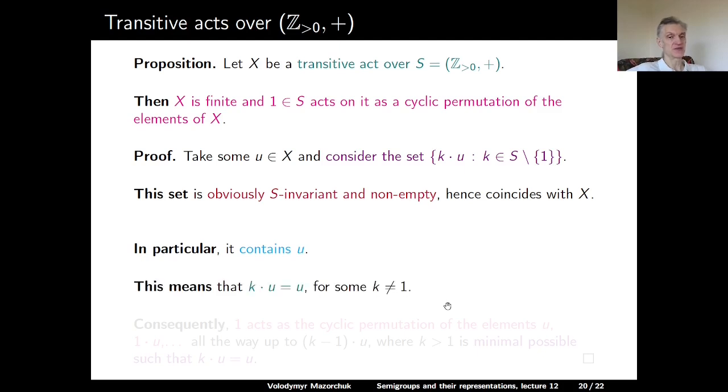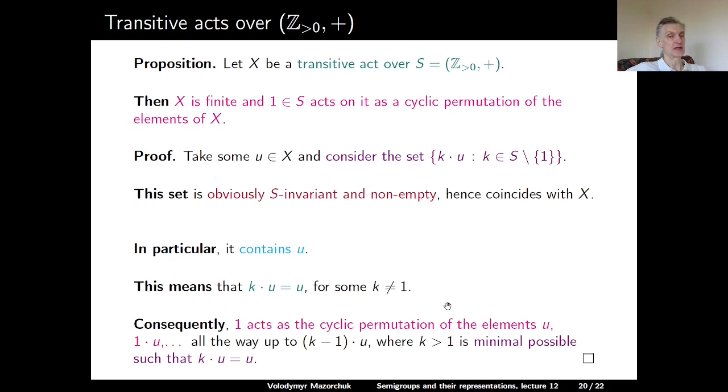But then this means that there is an element k which is greater than 1, such that k applied to u is equal to u. Consequently, 1 acts as a cyclic permutation of the elements u, 1 applied to u, 2 applied to u, and all the way up to (k minus 1) applied to u, where k greater than 1 is the minimal possible element such that k applied to u is equal to u.